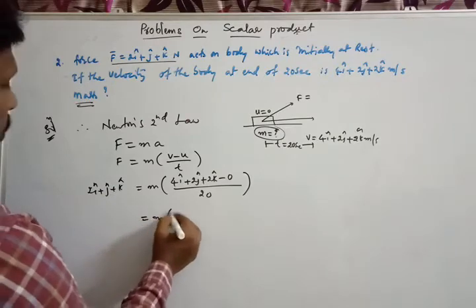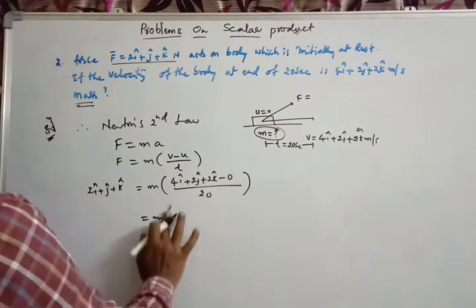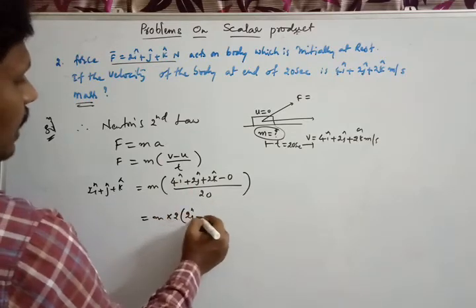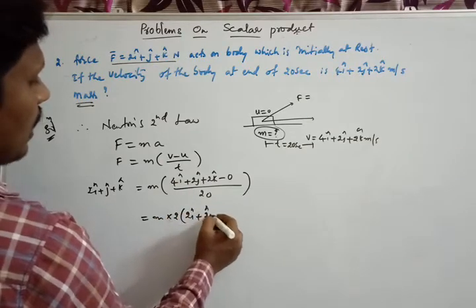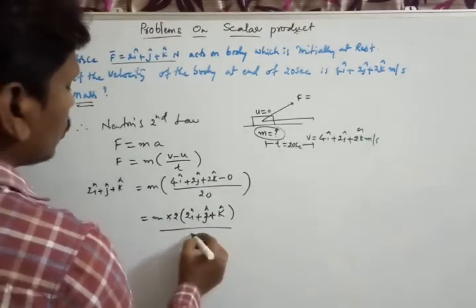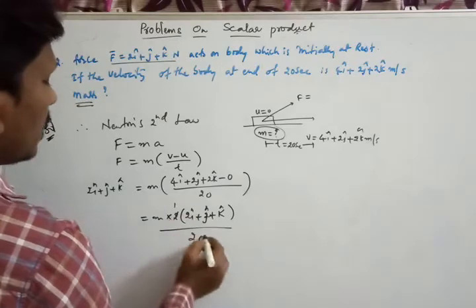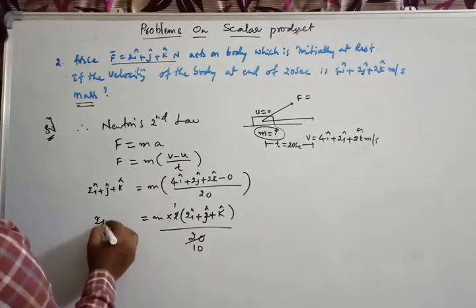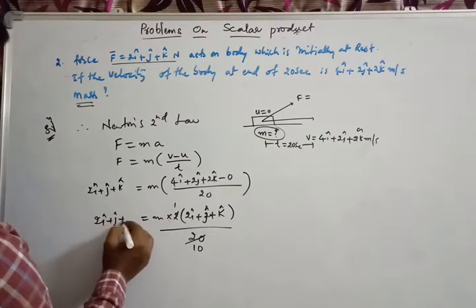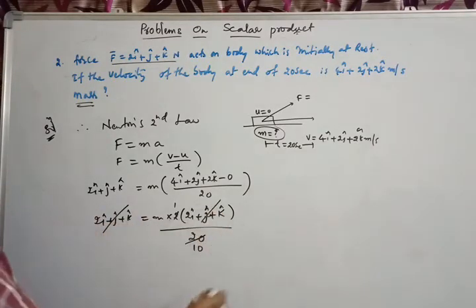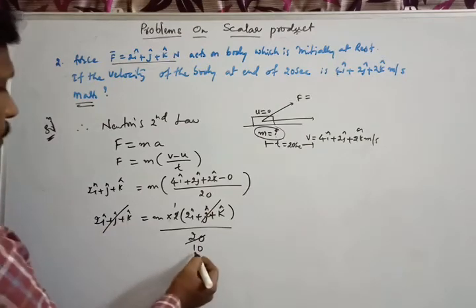Now m into, here we can take 2 common. 2 into 2i cap plus j cap plus k cap by 20. So 2 tens are 20, and this is 2i cap plus j cap plus k cap, and this one is the same, so that can simply be cancelled out.